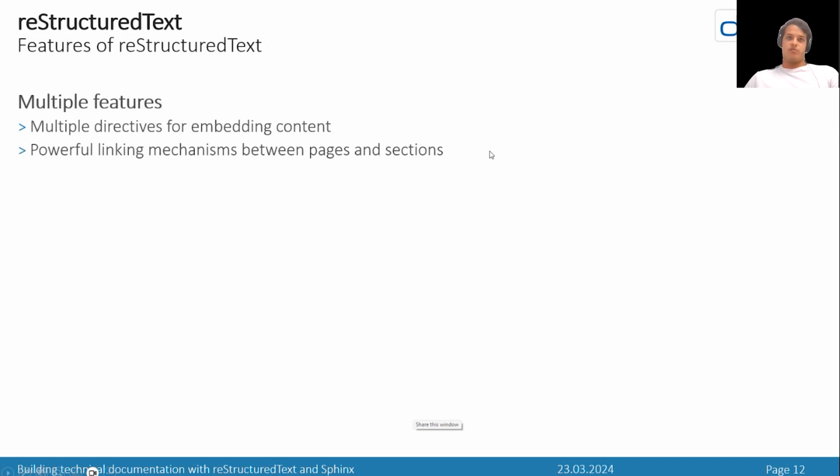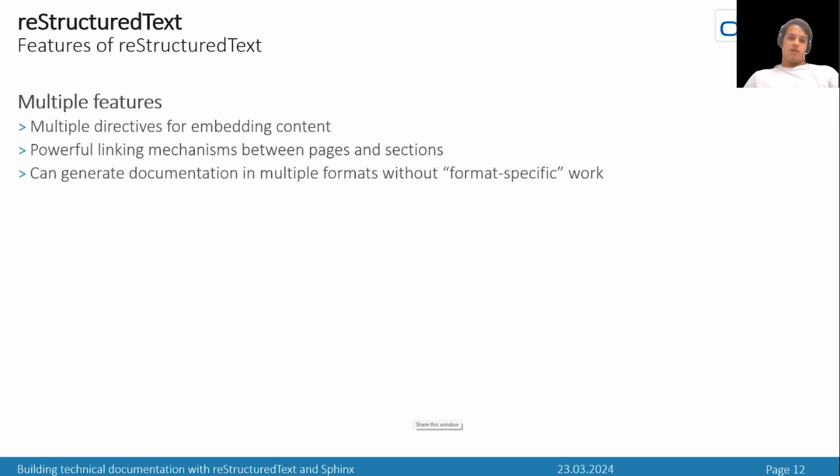So whenever you need to link a part of the documentation somewhere else, you have built-in features to do that. We can generate documentations in multiple formats without format-specific work. So if I write reStructuredText properly, I don't care about whether I need to build HTML or PDF. It should work directly.